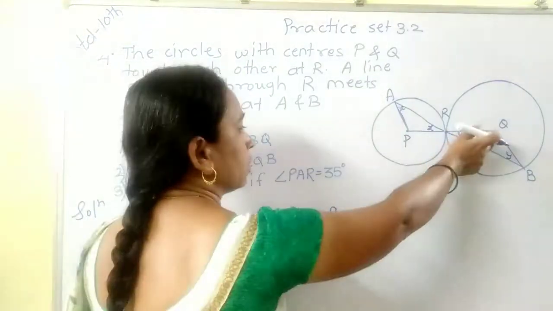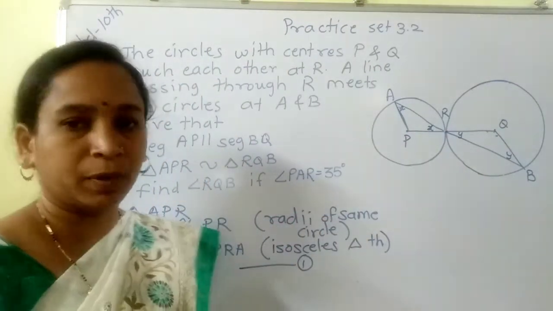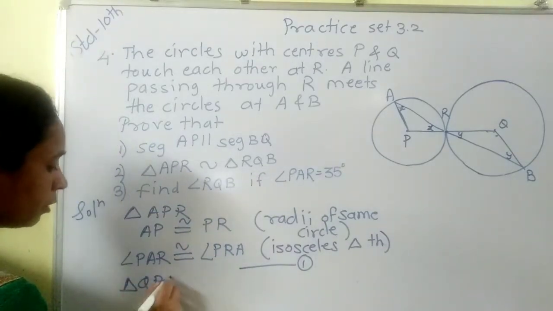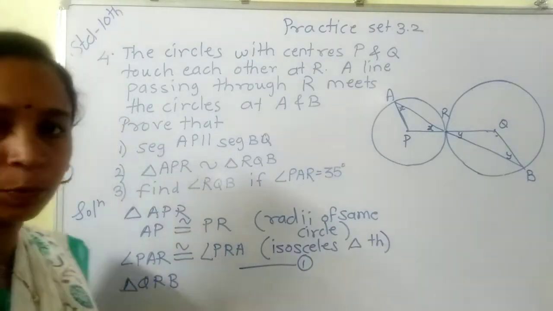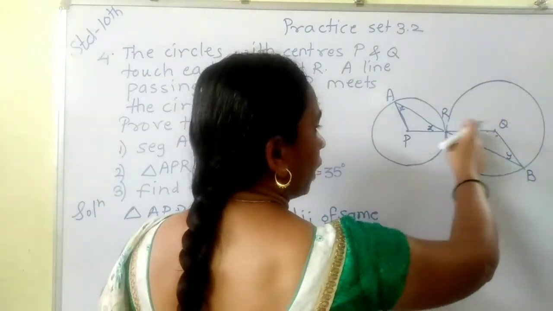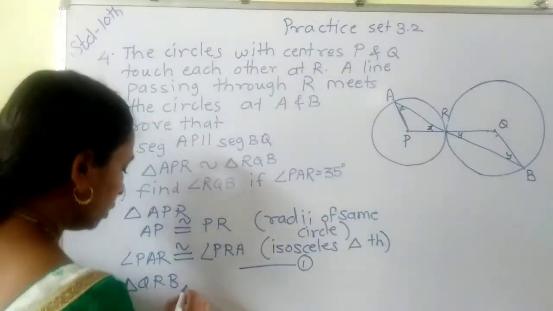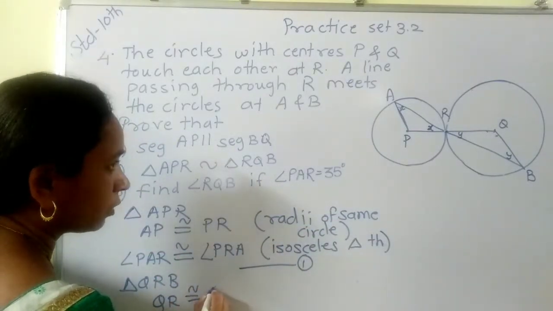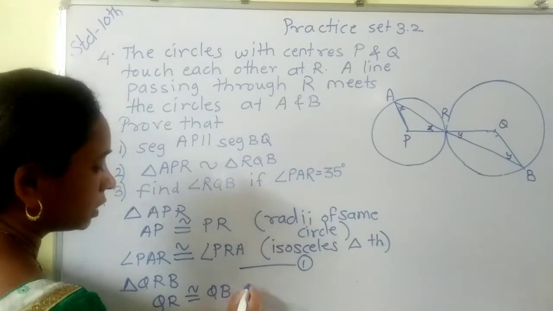Similarly, I'll take the other triangle QRB. So in triangle QRB, in the same way I'm going to prove it. Here also I'll take QR and BQ. So segment QR is congruent with QB. What is the reason?